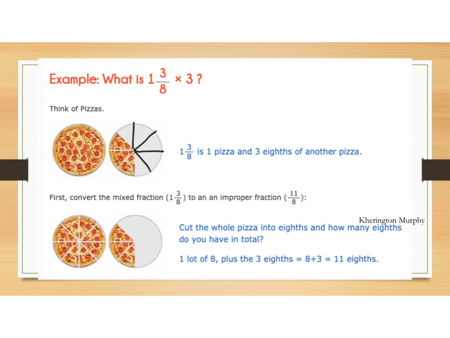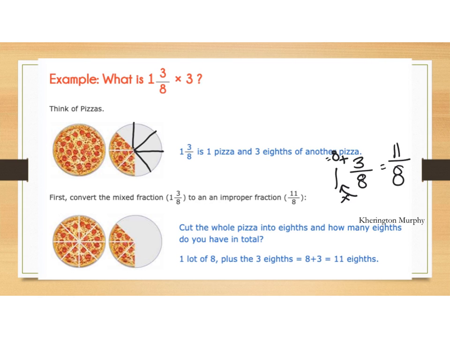How do you convert a mixed number into an improper fraction? Well, here's what you're going to do. You are going to take the denominator and multiply it by the whole number. So 8 times 1 equals 8. Then you are going to add that to the numerator. 8 plus 3 equals 11. And you're going to put that over the original denominator of 8.